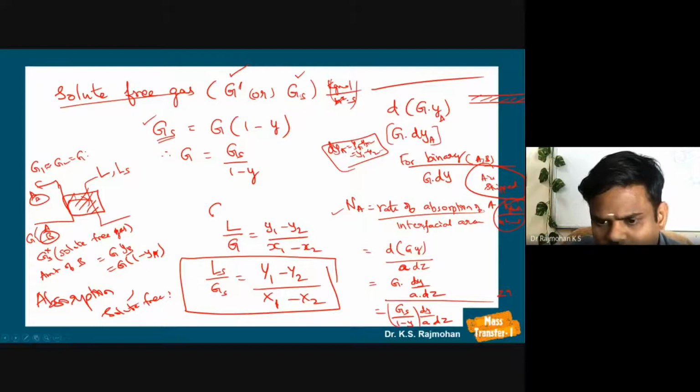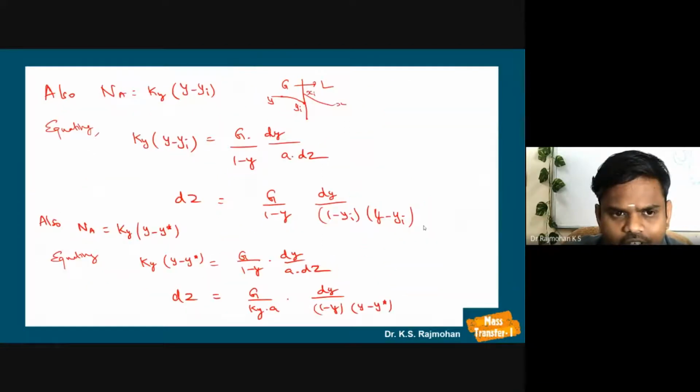So we have the flux equation in terms of solute free gas flow rate, and similarly, by the definition of overall mass transfer coefficients, we have NA equal to capital Ky into y minus y star.